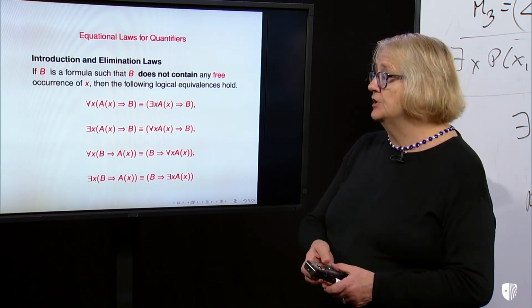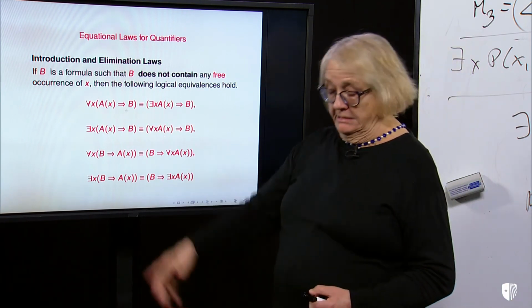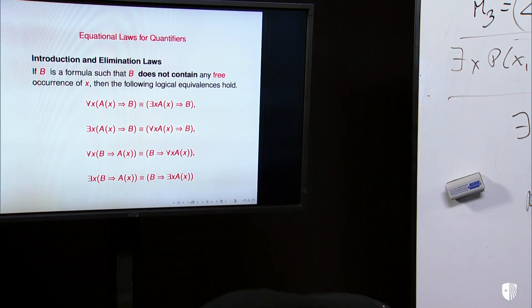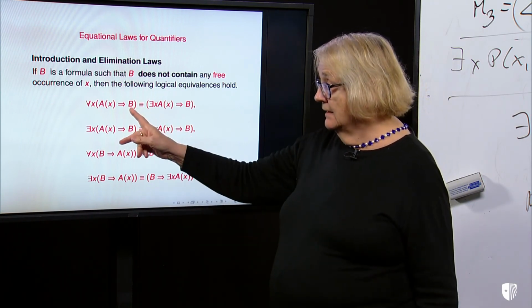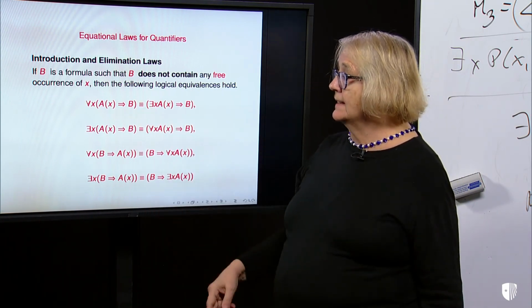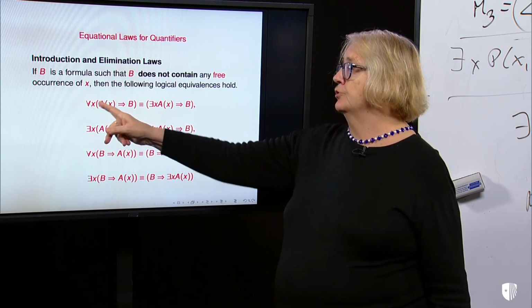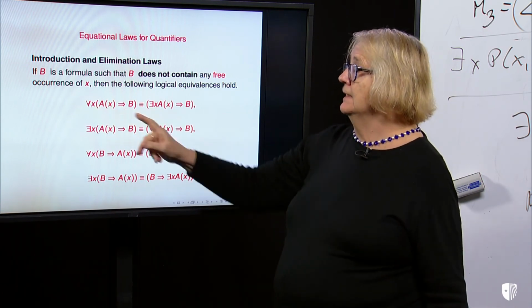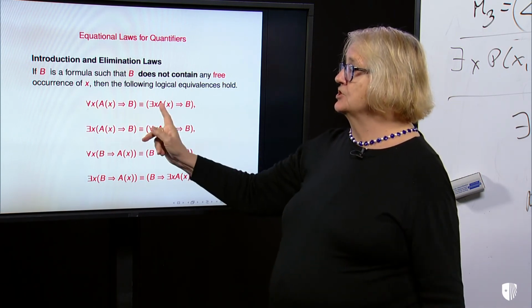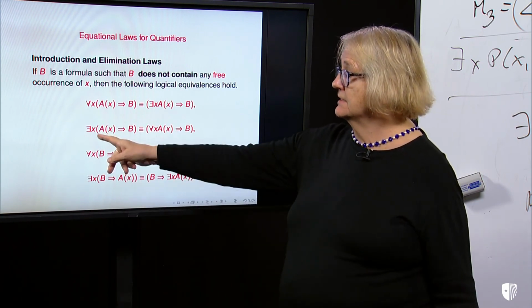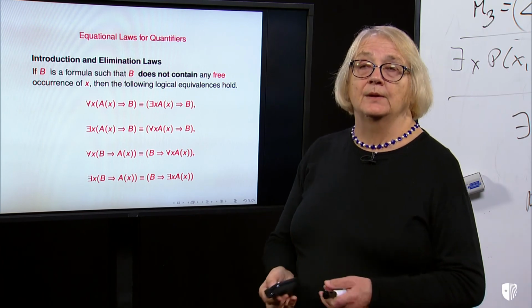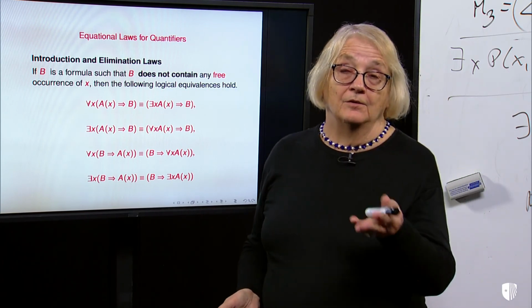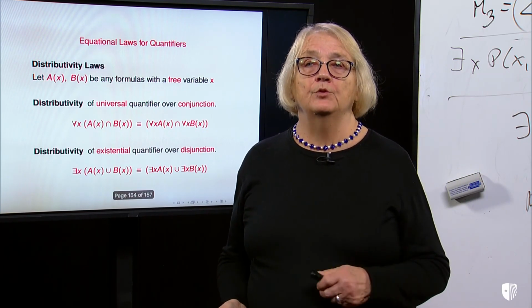Introduction and elimination laws. B again has no variable x. If you want to introduce or eliminate x, for all x changes into there exists, changes into. So you have basic laws which you use and you have to know.